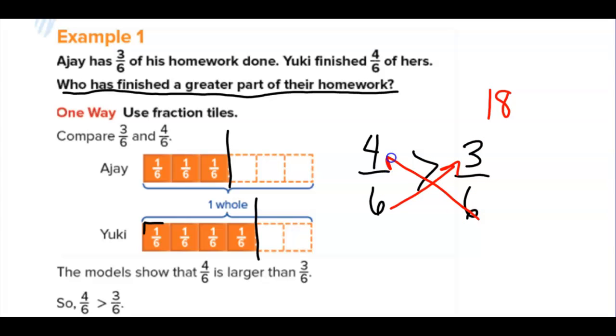And 6 times 4 is 24. Ignore these fractions down here for a minute now. 24 and 18, if we were going to compare those two numbers, we would say that 24 is greater than 18. So that means the fraction that's under this is the greater fraction. So if I used a different color, that's another way of saying 4/6 is greater than 3/6.